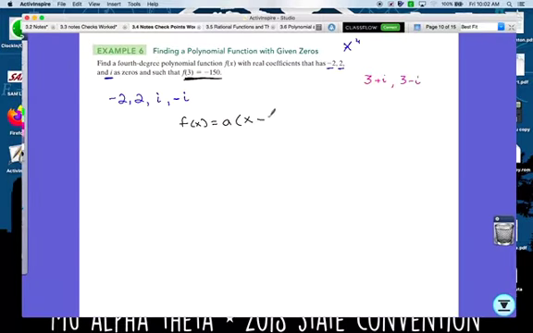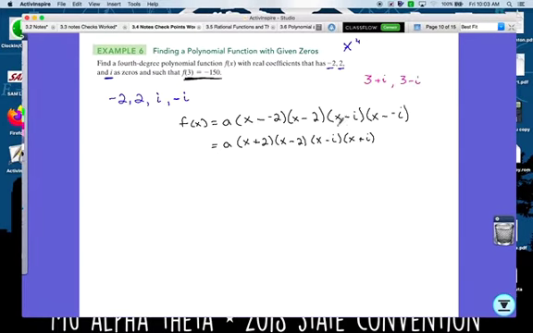So x minus the negative 2, x minus the positive 2, x minus the i, and x minus the negative i. All right, each of our 4 answers. All right, clean that up. It becomes x plus 2, x minus 2, x minus i, x plus i.